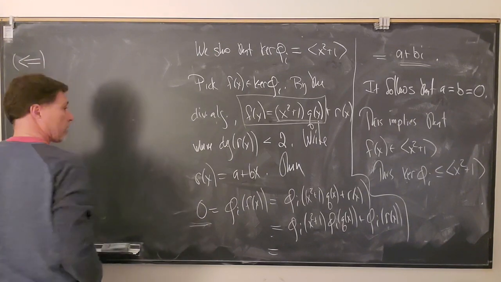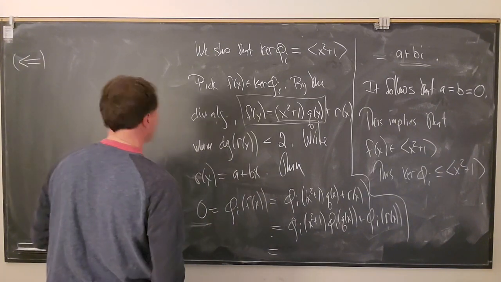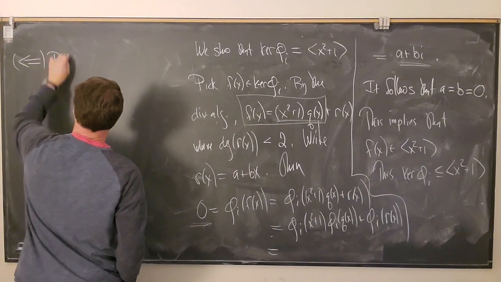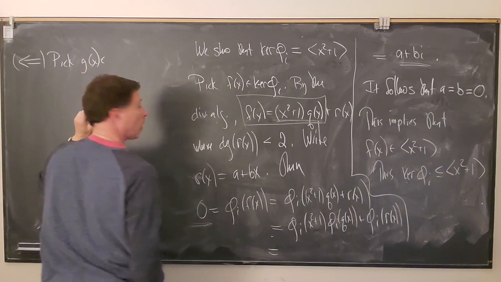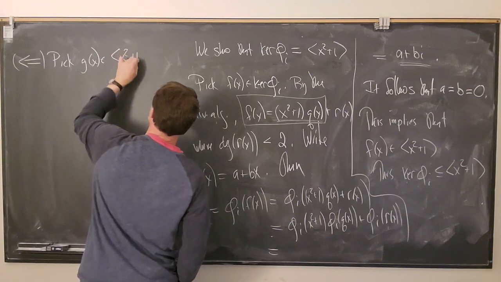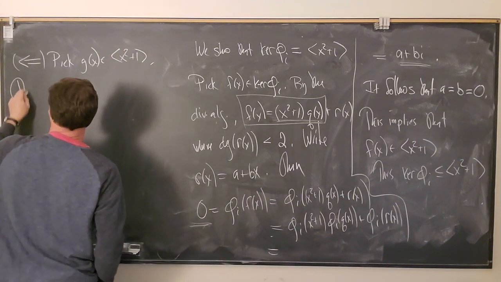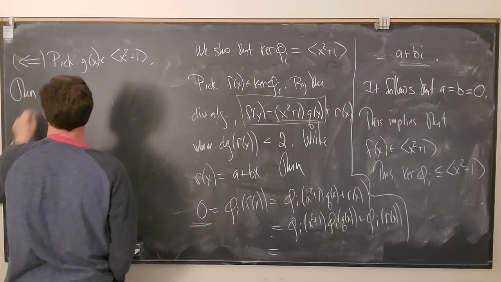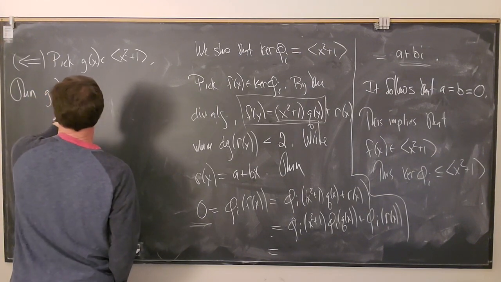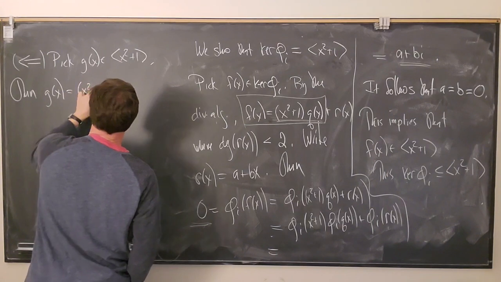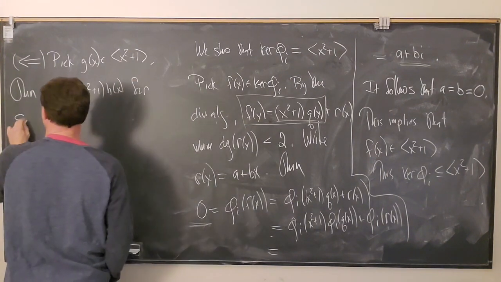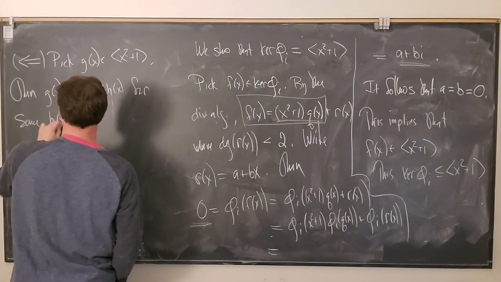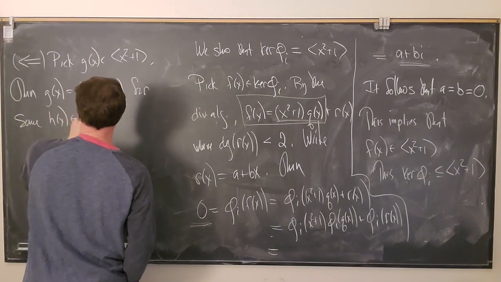Now, in the reverse direction, let's pick somebody. So let's say pick g of x in the ideal generated by x squared plus 1. Then g of x is going to look like x squared plus 1 times h of x for some h of x in R bracket x.